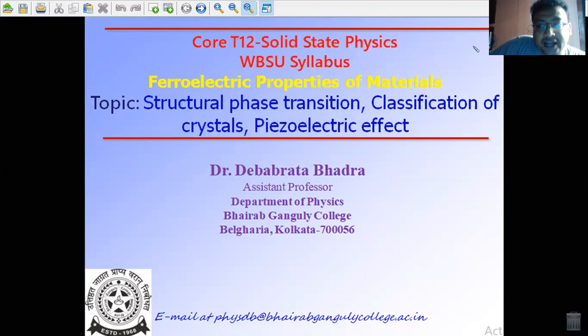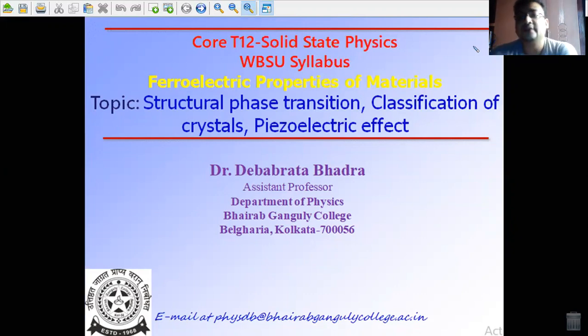Both static and time varying external electric fields are of interest, and the dielectric constant may depend on the frequency of the external field. For a typical dielectric at optical frequencies, there is a simple relation between the refractive index and the dielectric constant.